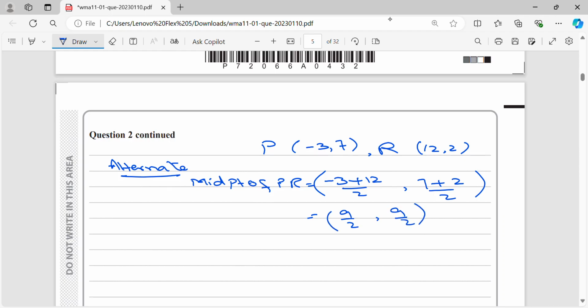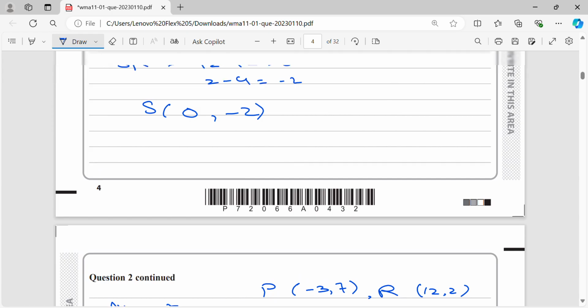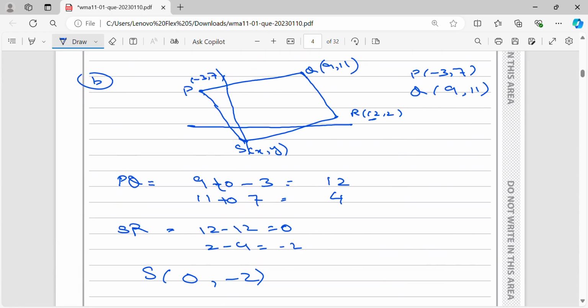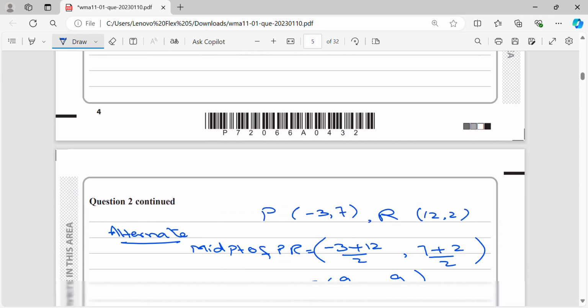So similarly, I can find the midpoint of another diagonal, because PR is a diagonal of a rectangle and SQ is also a diagonal of a rectangle, right? So let's now find SQ.